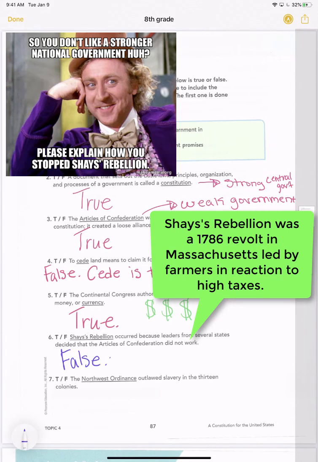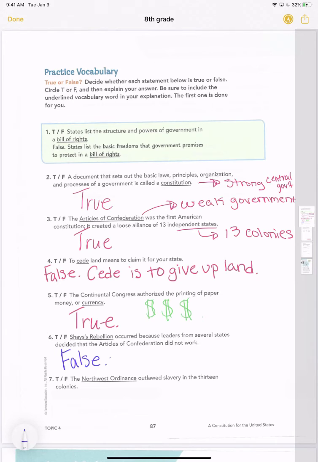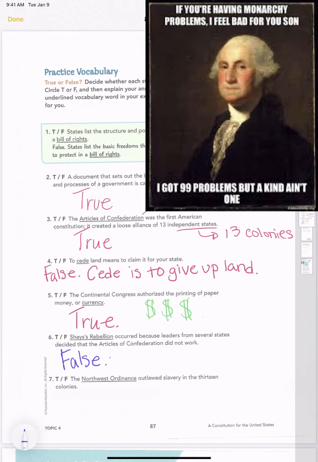Shays' Rebellion was a 1786 revolt in Massachusetts led by farmers in reaction to high taxes. So that is the reason why it is false. I will have a video exclusively on this worksheet so you can get a better understanding of how these events really led to the American Revolution and us separating from the monarchy, or Britain.